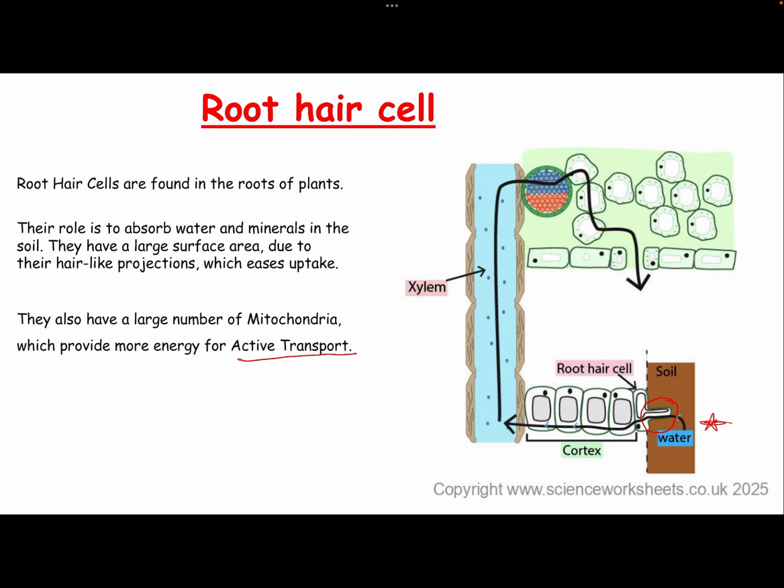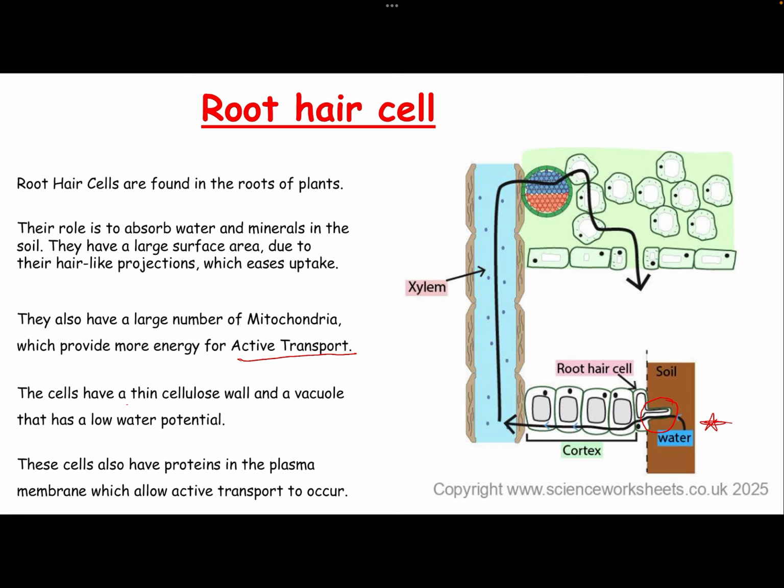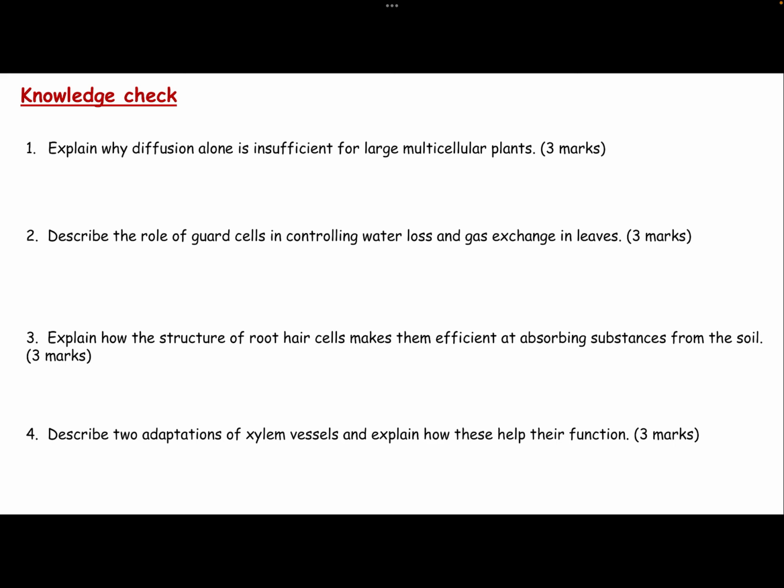And remember now, active transport requires energy because, for example, it's taking up small amount of minerals from the soil where you have a larger amount inside the plant, so that requires active transport or energy to do it. The cells have thin cellulose wall, a cellulose cell wall, and a vacuole that has low water potential. They also have proteins in the plasma membrane, which allows active transport to occur.